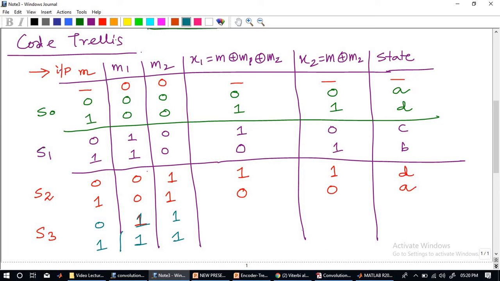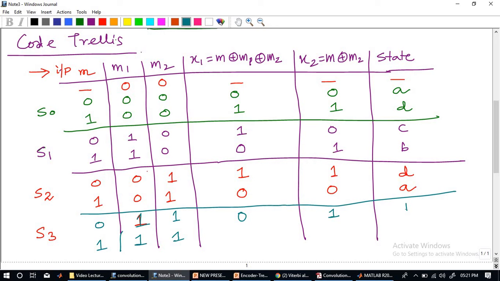So if I take this, what will be the corresponding output if you tell me? x1, 0 plus 1 plus 1. 0. 0 plus 1. Corresponding output?